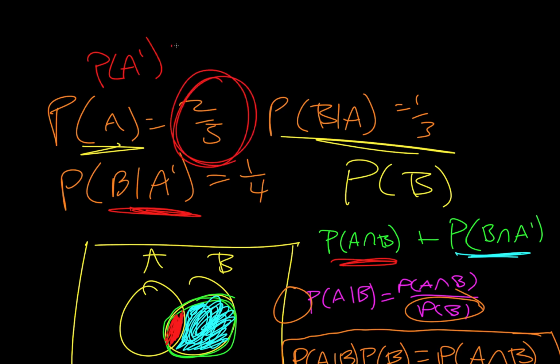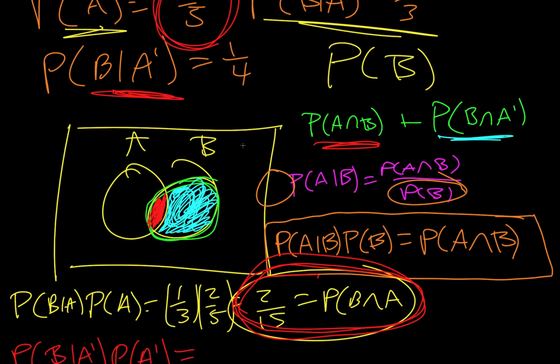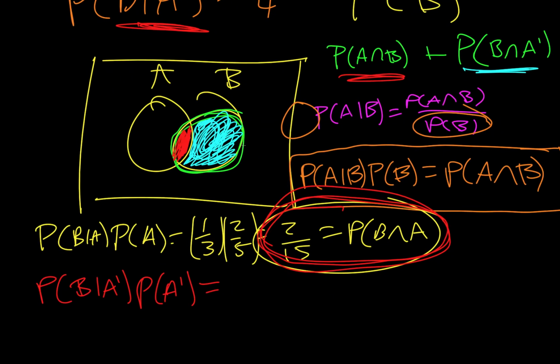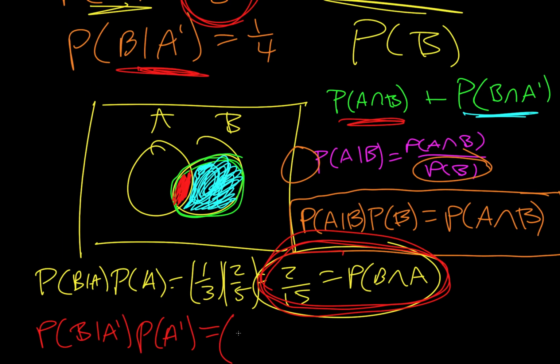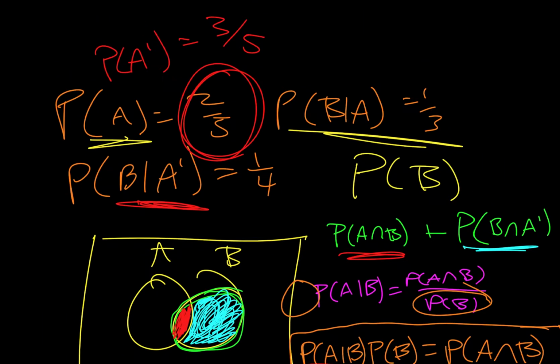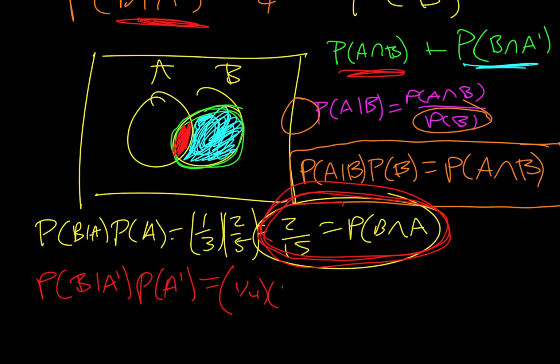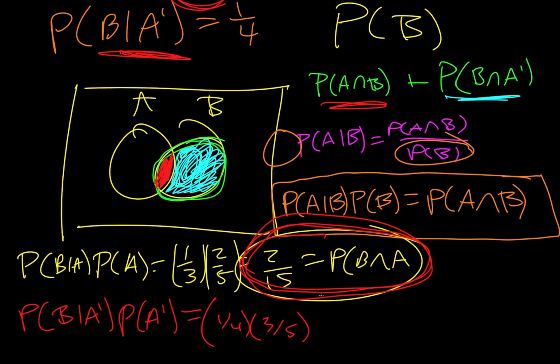So this would be 3/5, because 3/5 plus 2/5 equals 1. And so if we plug those in, it's just 1/4 times 3/5. Okay, we multiply that out, it's 3/20, and that is representing the blue part.